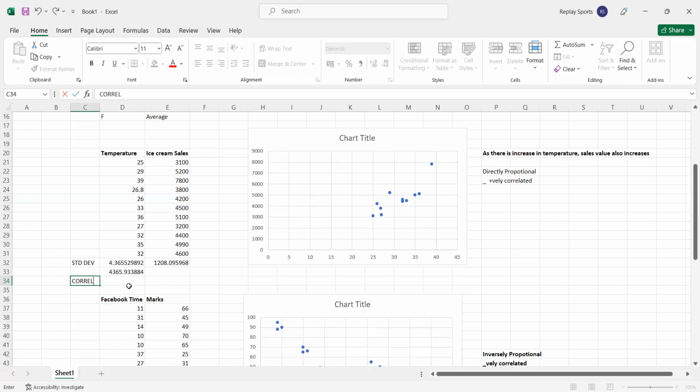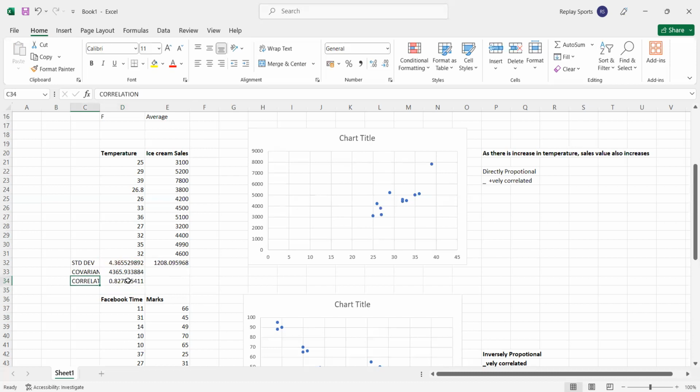What we just did is covariance. So correlation is covariance divided by the standard deviation of one variable times the standard deviation of the other.